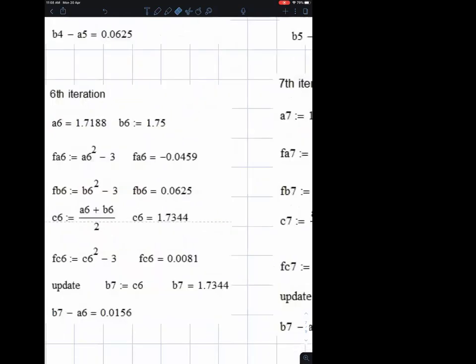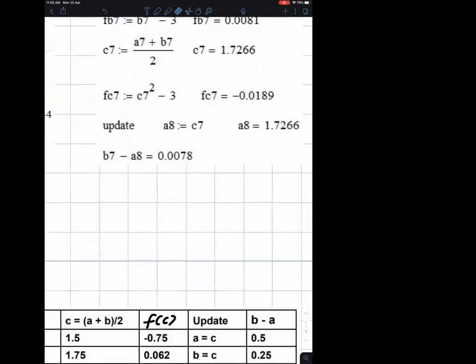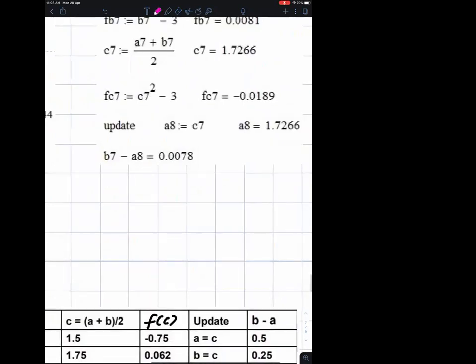You can see that after the 7th iteration, I got this. This is telling me B minus A, if I round this off, is approximately 0.01.